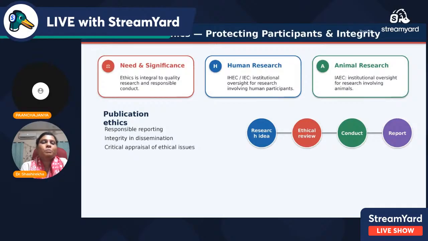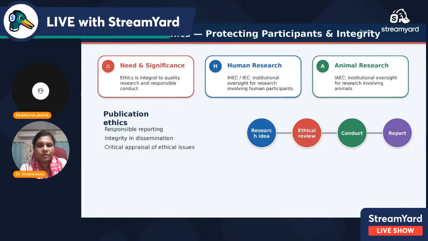And some publication ethics. When you are publishing articles, you must know what ethics you are supposed to follow. You have to check for plagiarism. You are not supposed to copy content and state it as your own lines. You must have references for all these things, and not just copy and paste.